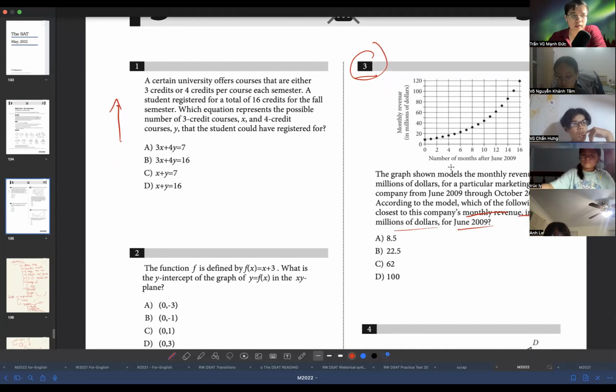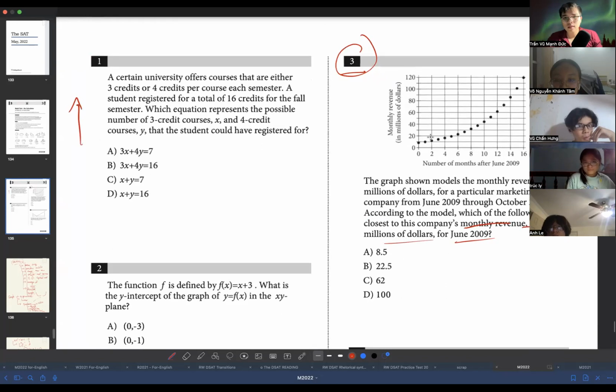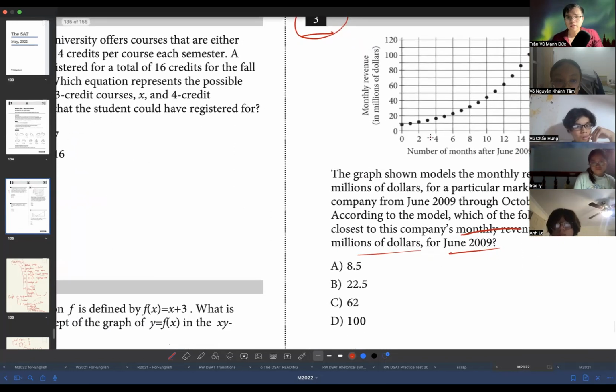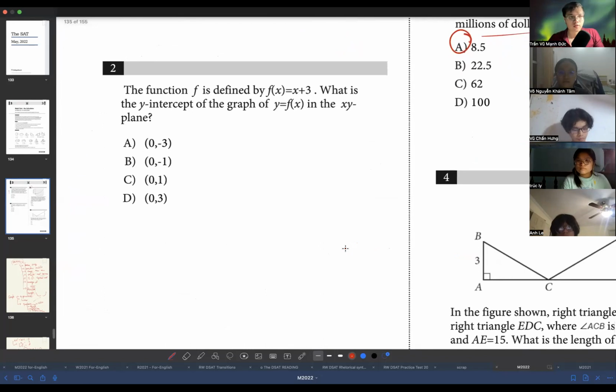Quickly answer this for me, Tâm. I choose A, because this will be the very first entry and it is nearest to below 10. So it will be 8. Exactly. Now we need to focus on speed, okay?